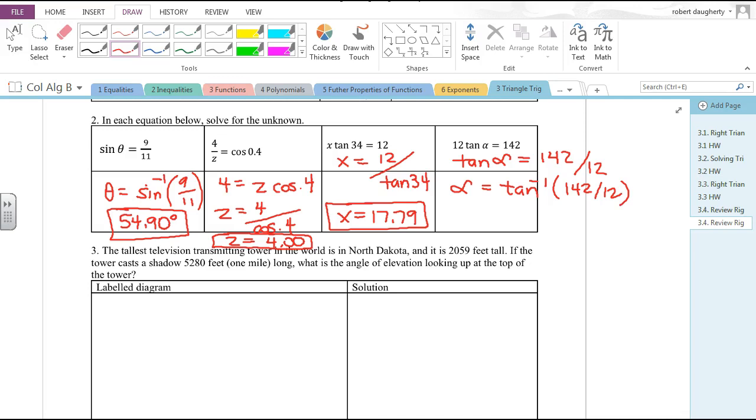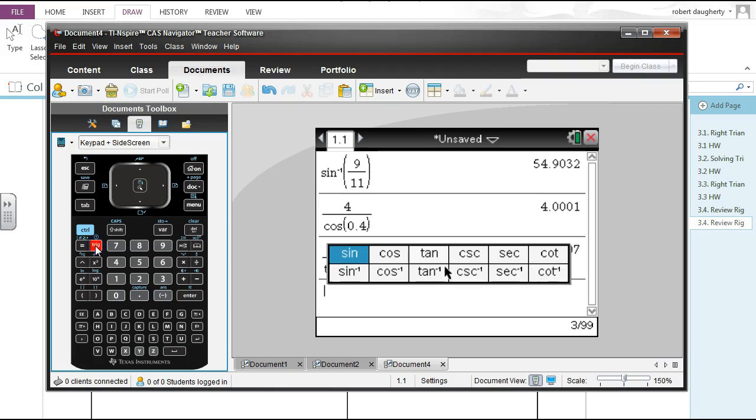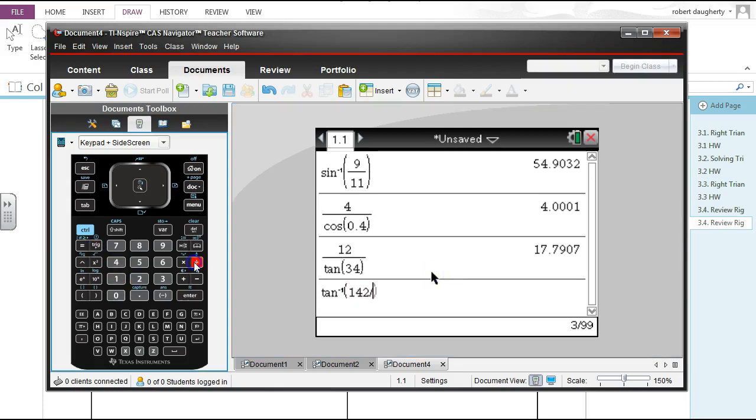I have to use the inverse trig function, in this case the inverse tangent. So I go to trig function, inverse tangent, 142 divided by 12.